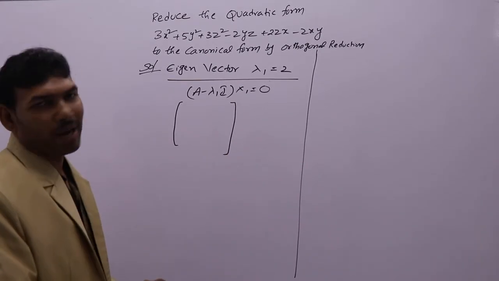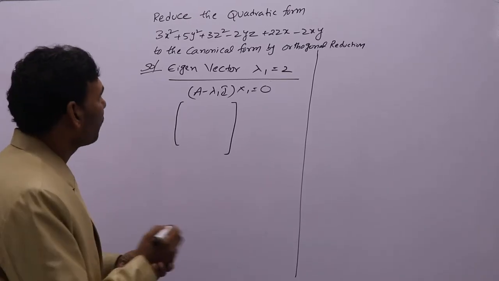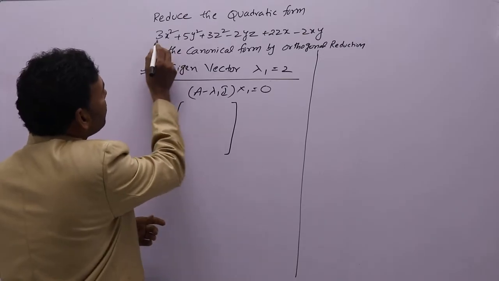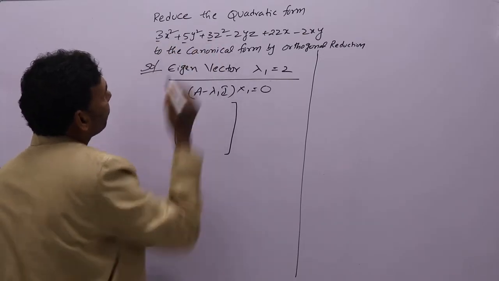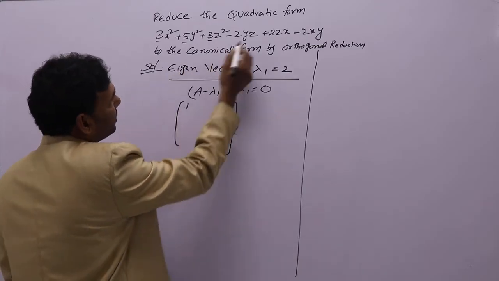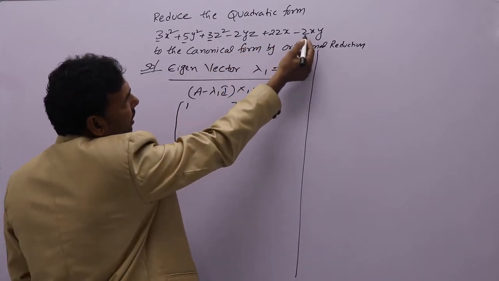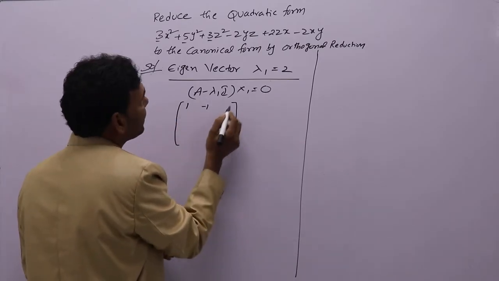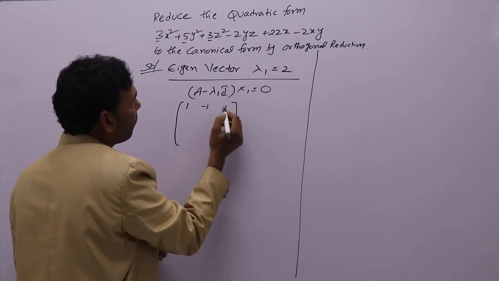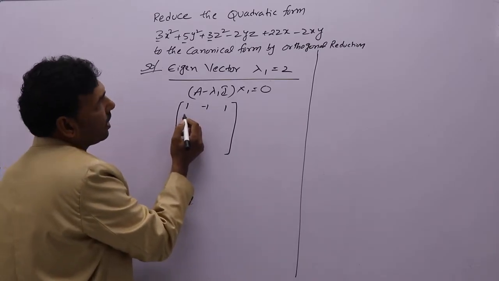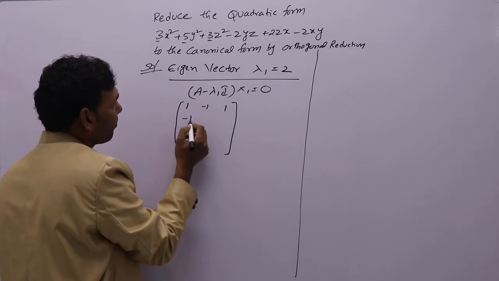You know matrix A already, that one we wrote. So from the diagonal only you need to subtract: 3 minus 2, 1. Next, in the place of xy you will have this one half. In the place of xz you will have 1. Next, second row first column, xy coefficient only, -1.